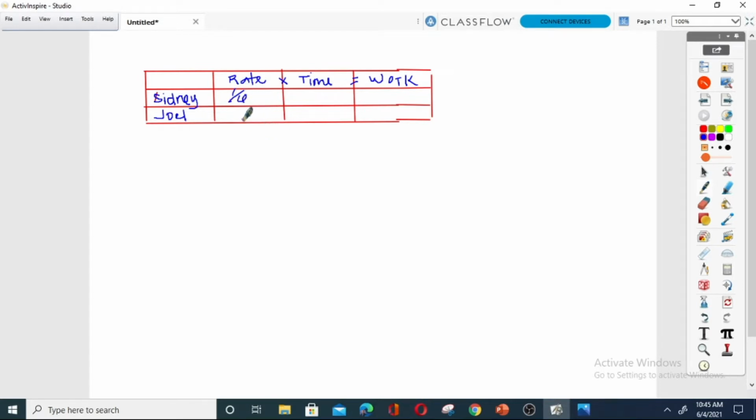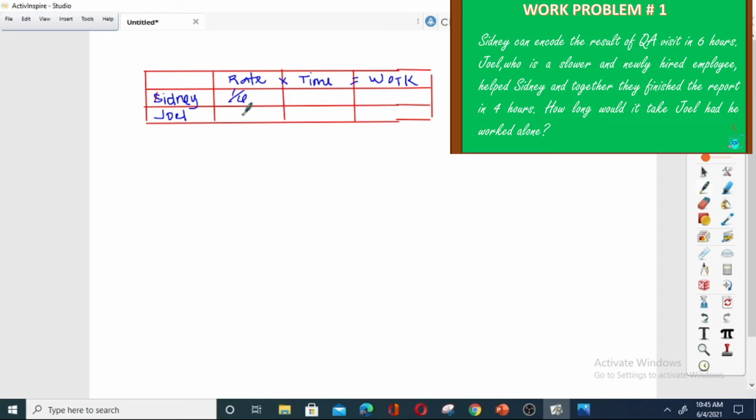And for Joel, how long would it take Joel had he worked alone? The time for Joel to work alone is x, so his rate is 1/x.